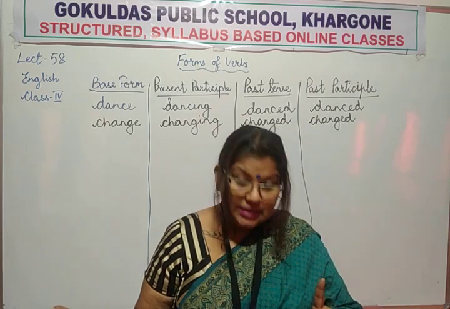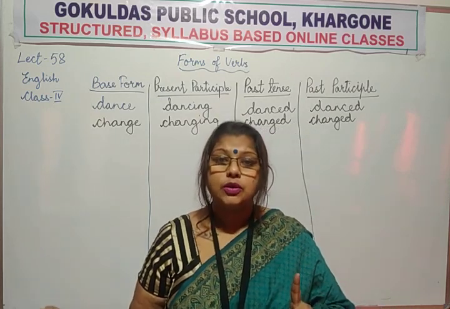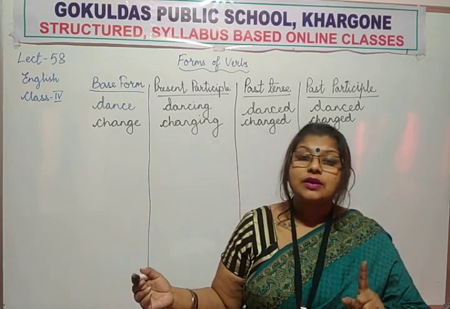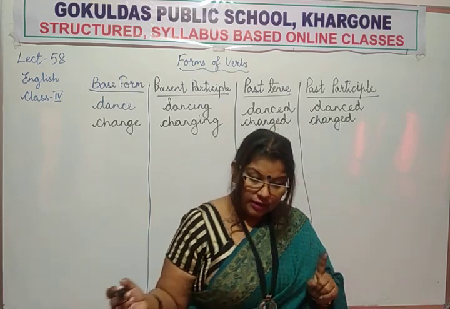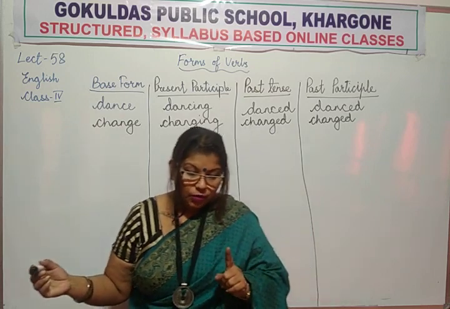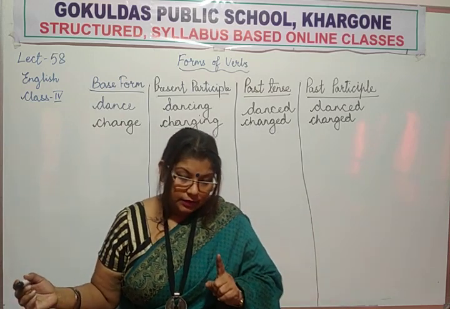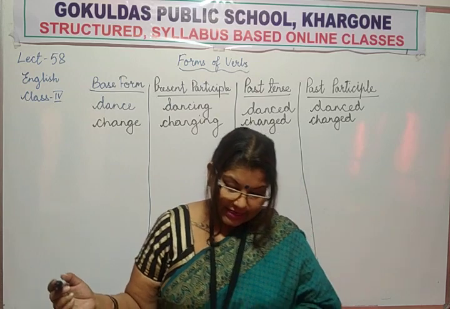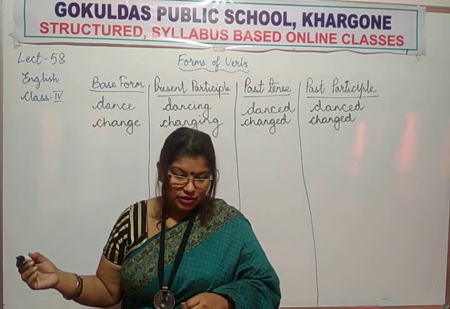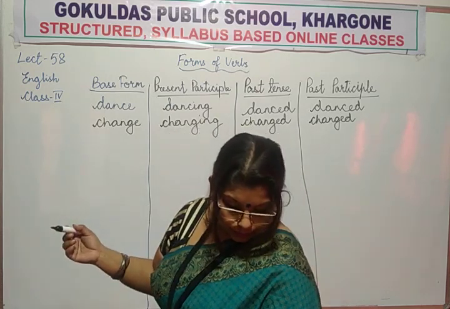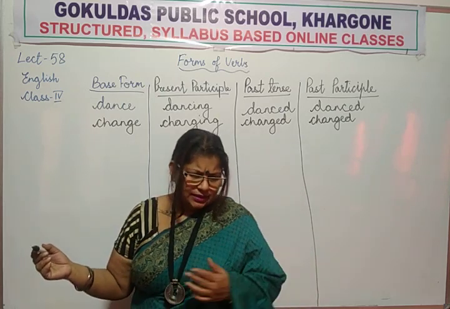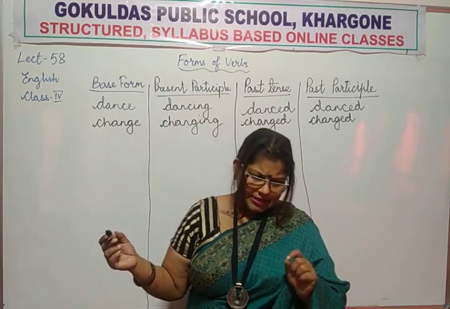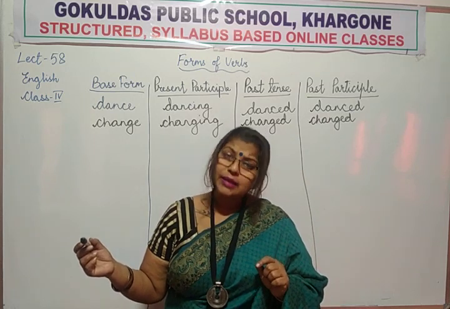Now, next one, see, these are all regular verbs. Now, in irregular verbs, for verb forms, what do we do? Their past tense and past participle are formed in a different way from adding ed. See, first word, build becomes building.